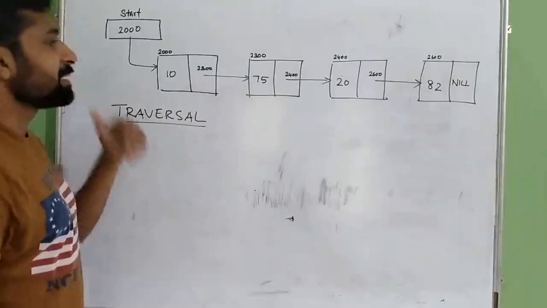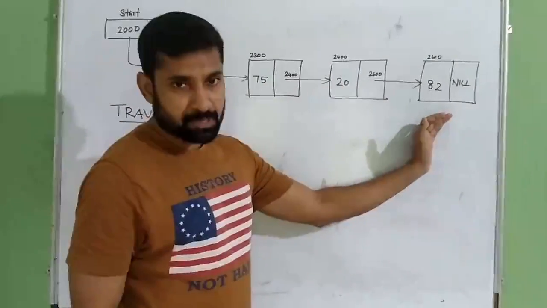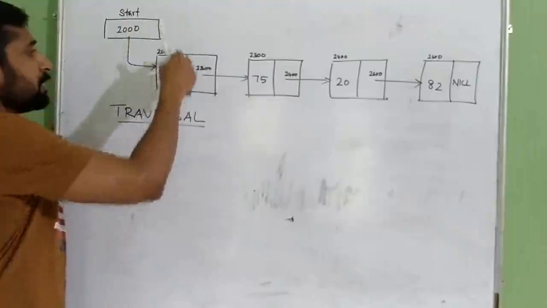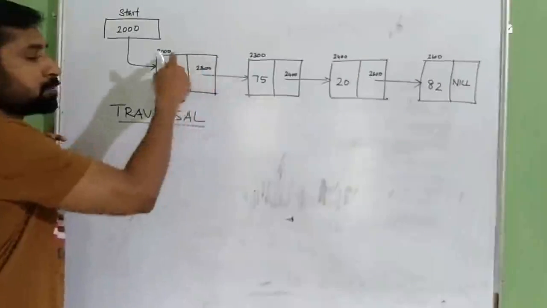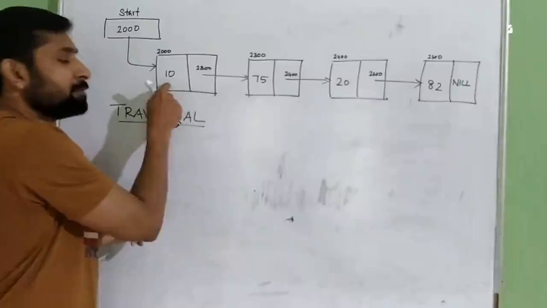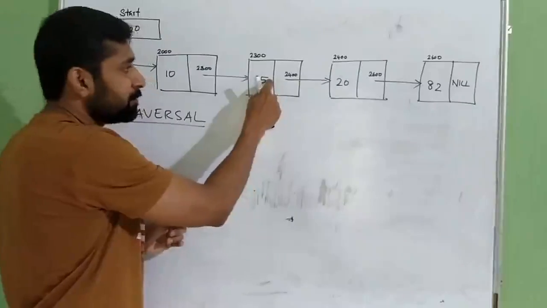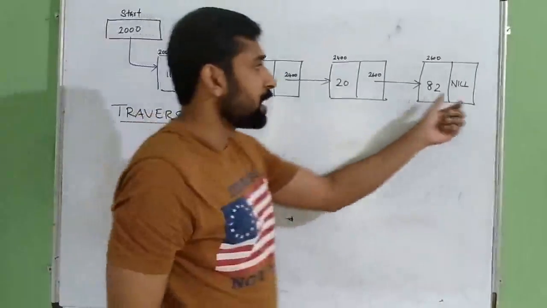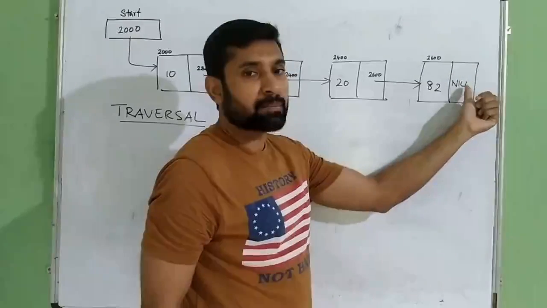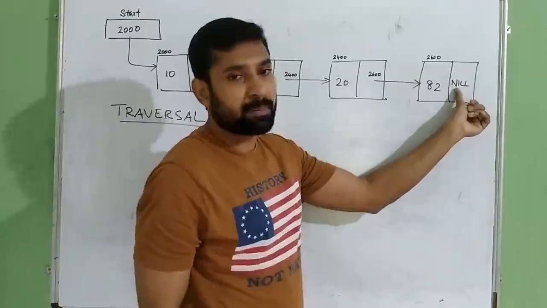What are the steps to be followed for traversal? We have to get the address of the first node. Then we access the data, then move to the next node, access its data, and it continues until the link part of a node becomes null, that is, it reaches the end of the list.